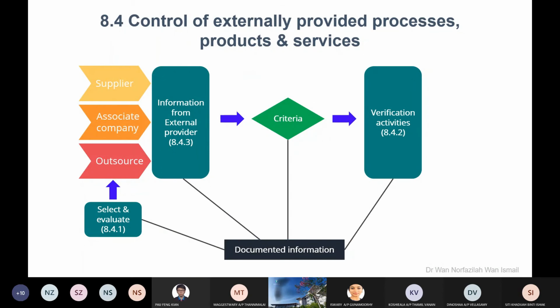For example, if your customer asks you to analyze or test their sample to get the results, you might need 5 tests or 5 equipments involved.